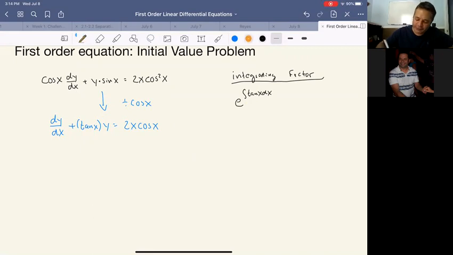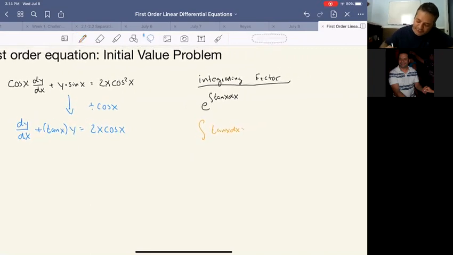That integral should be pretty clear for everybody by now. Think of it as the integral of sine x over cosine x dx. Since sine is the negative derivative of cosine, this is going to be negative natural log of cosine x.